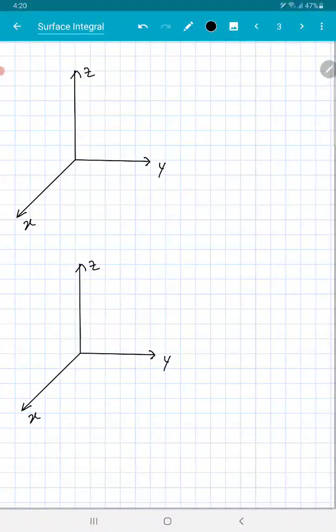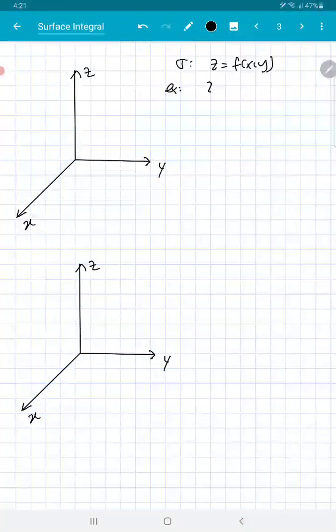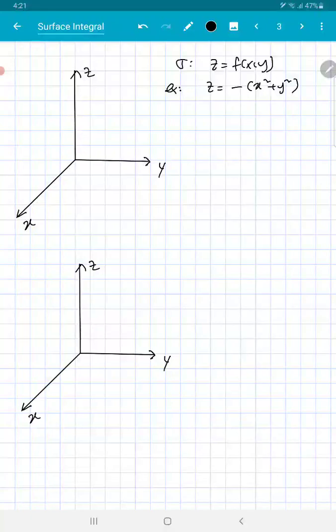Let's say your surface is given as z equals f of x, y. For example, z equals negative x squared minus y squared, as you know from before.